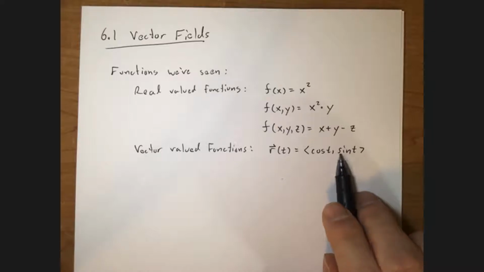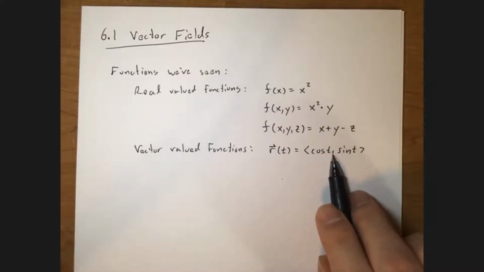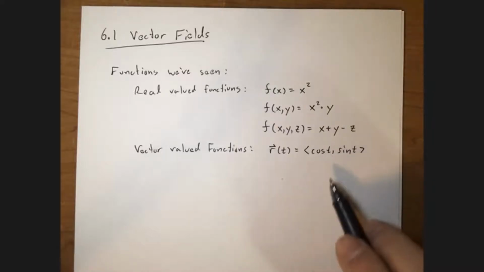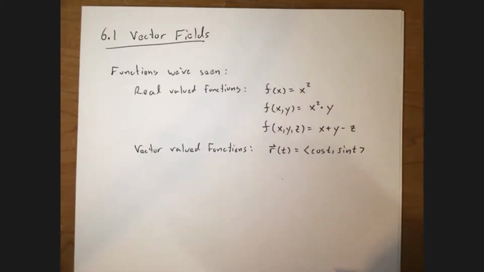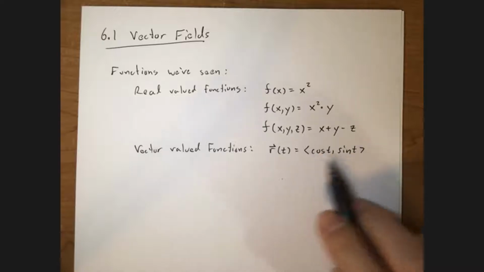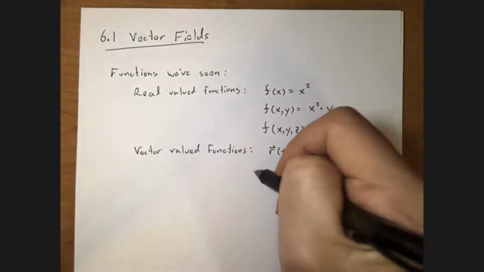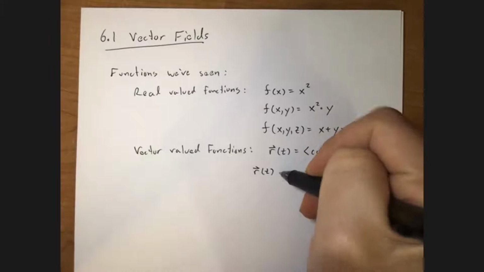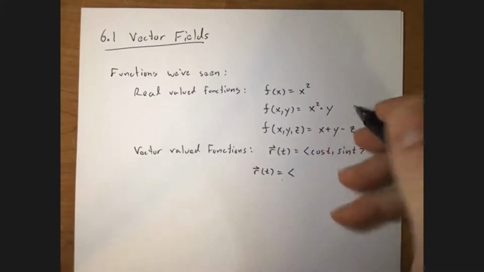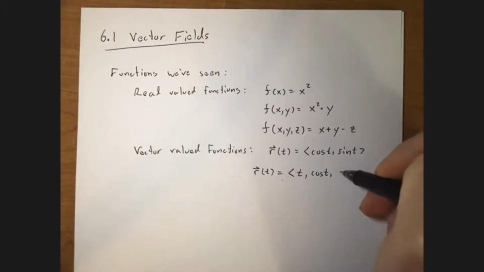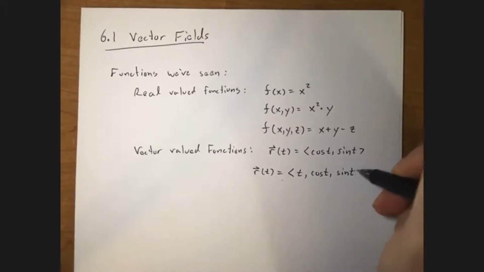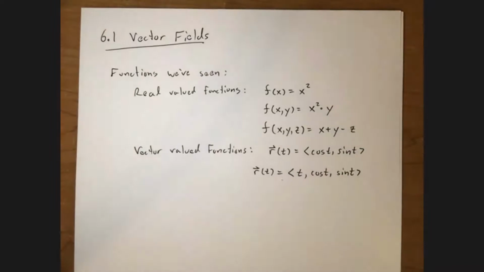And so if you look at the points that this traces out, we've talked about this function a number of times. When you plot the points, you get a circle. And you can do more than just 2 coordinates in the output, right? You could do t, cosine t, sine t, something like this. That makes a spiral. We talked about that before. So here's a vector valued function.